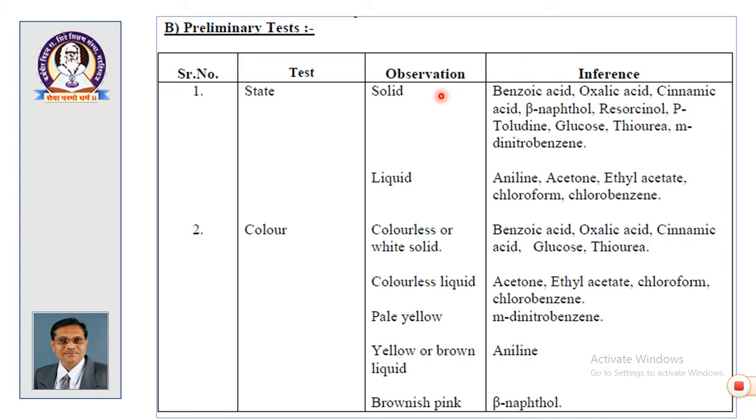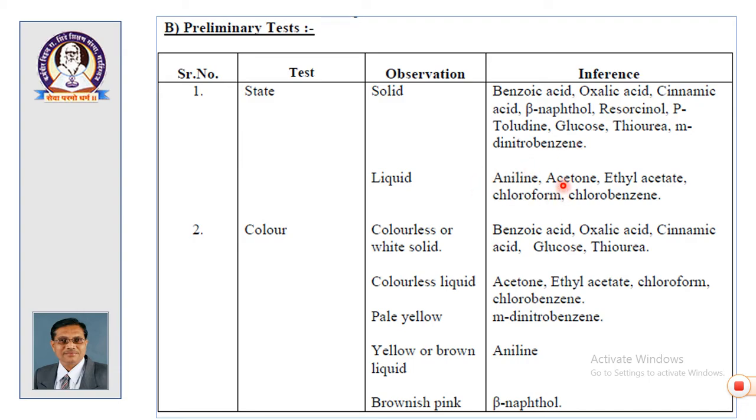When your compound is solid, it will be benzoic acid, oxalic acid, cinnamic acid, means acids are solid as per our syllabus: beta-naphthol, resorcinol, paratoluidine, glucose, thiourea, M-dinitrobenzene. So, out of these, benzoic acid, oxalic acid, cinnamic acid are acidic compounds, beta-naphthol and resorcinol are phenolic compounds, paratoluidine is basic compound, glucose, thiourea, M-dinitrobenzene, these are neutral in nature.